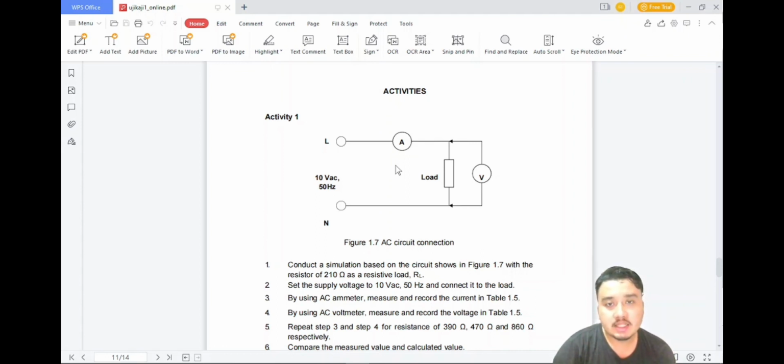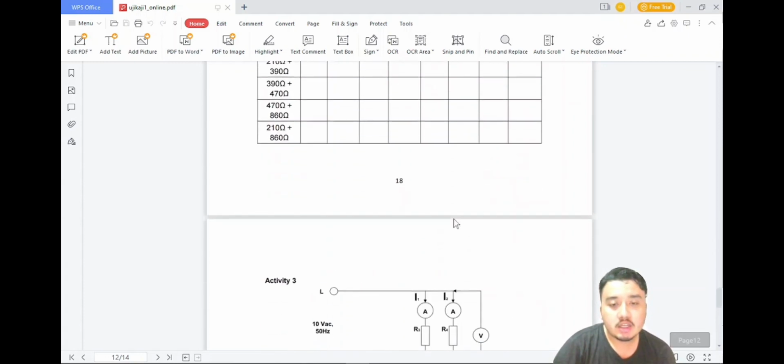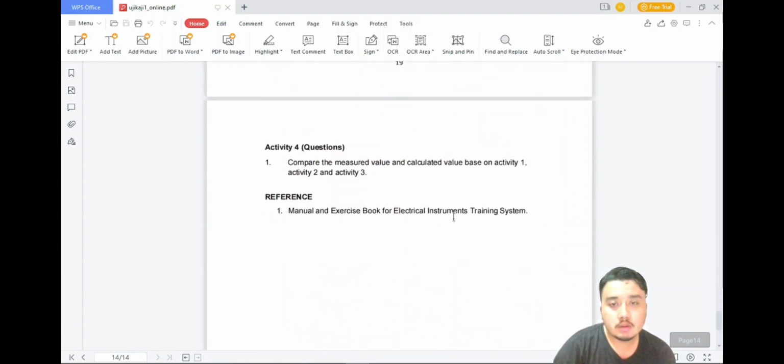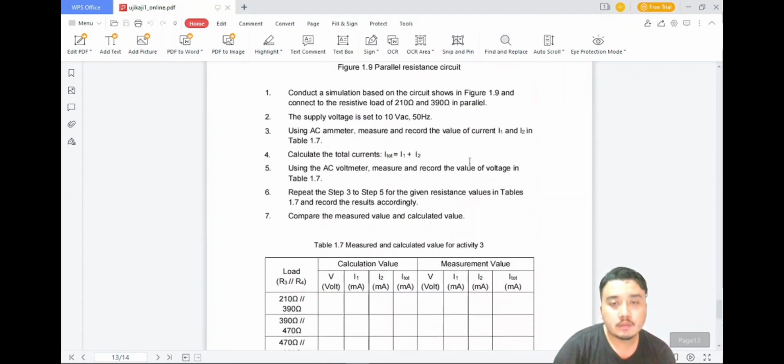Today I would like to discuss AC measurement of resistance, which is in experiment 1 that we conducted in the previous lab session. In the AC measurement of resistance, there are 3 activities that need us to do the hand calculation and also simulation, and then one activity contains a question that we need to answer.